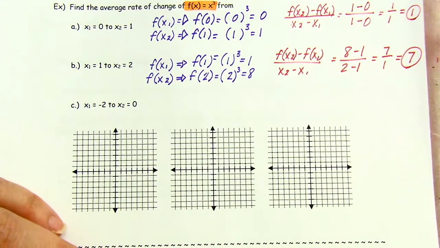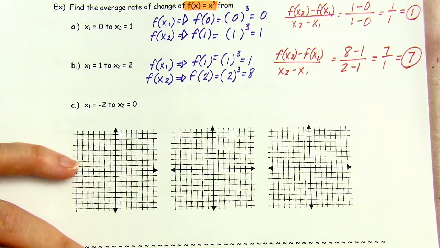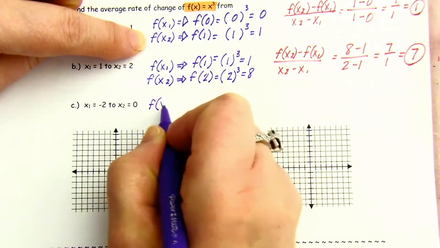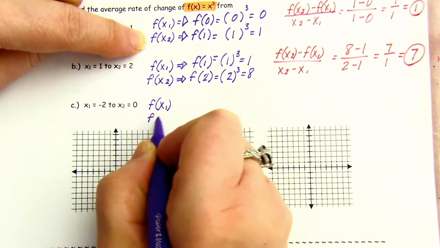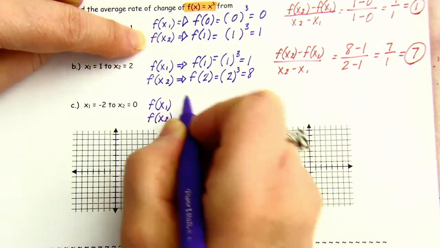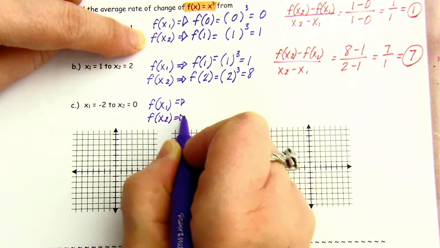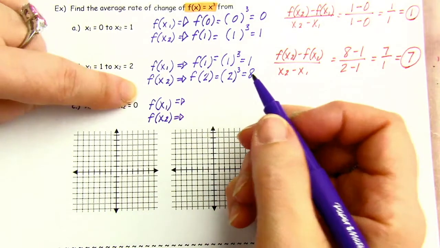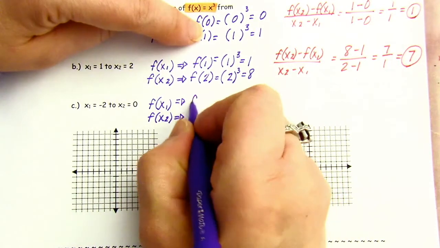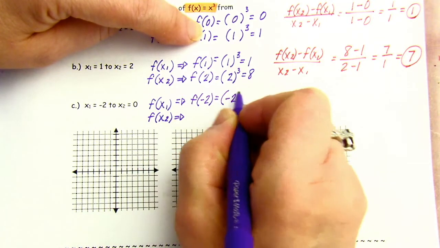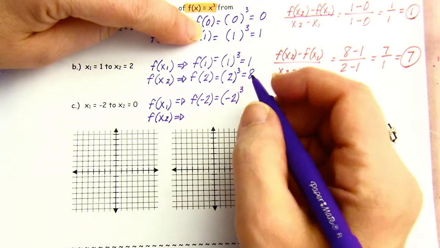We'll see what happens from negative 2 to 0. Again, you have to compute the y values by actually finding f of negative 2 and f of 0. When I cube a negative, it's negative.